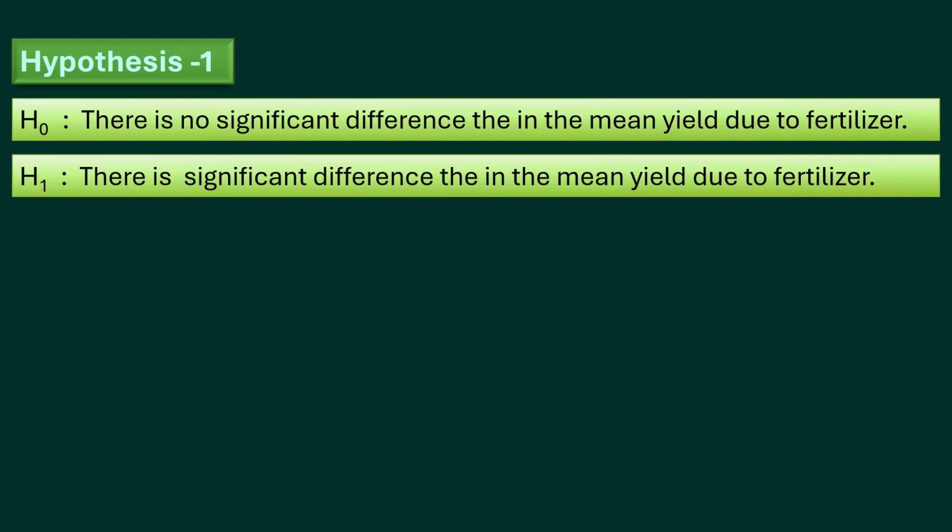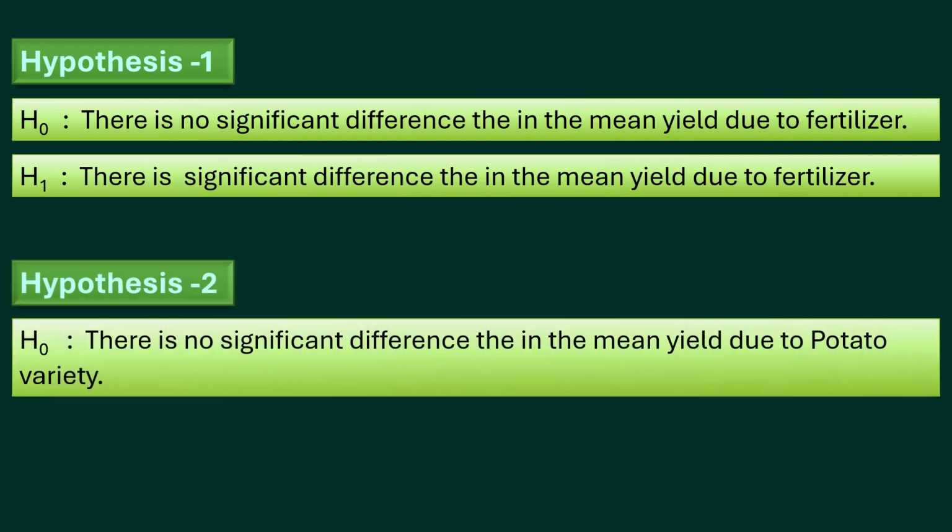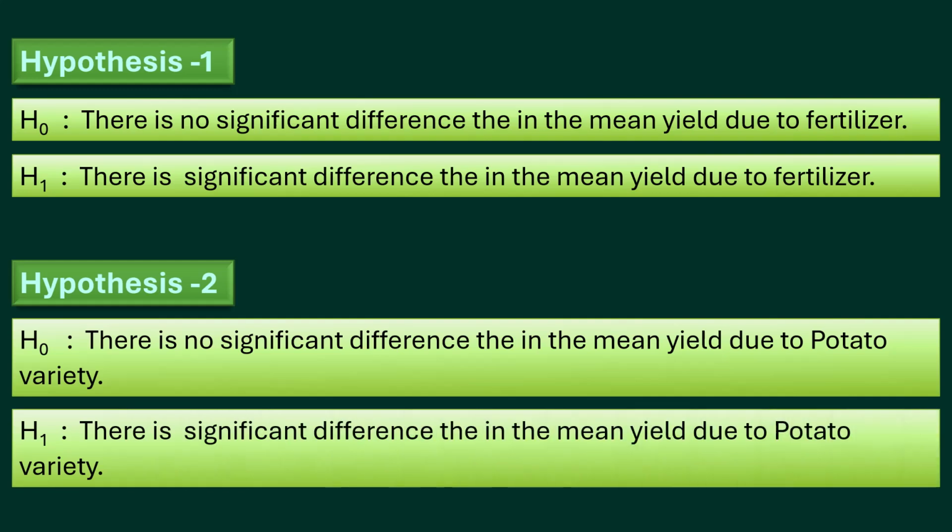There is significant difference in the mean yield due to fertilizer. Hypothesis 2. Null hypothesis. There is no significant difference in the mean yield due to potato variety. Alternate hypothesis. There is significant difference in the mean yield due to potato variety.